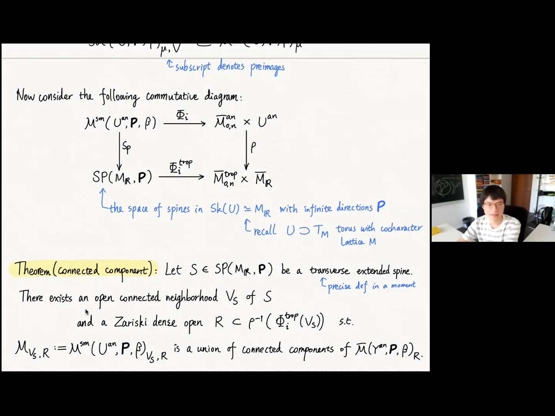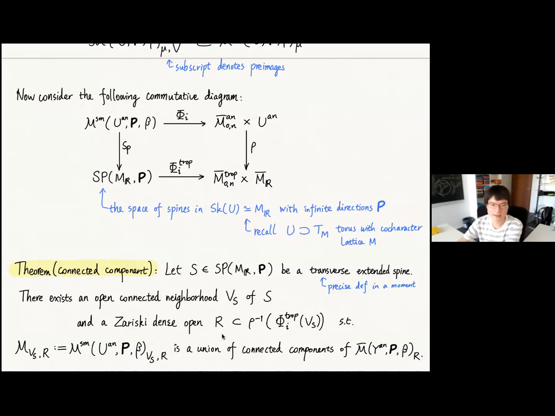Then there exists an open connected neighborhood, Vs of S, and a Zariski dense open R inside this, which is first I push forward Vs. Vs is open subset here. I push forward Vs and I pull back by rho.